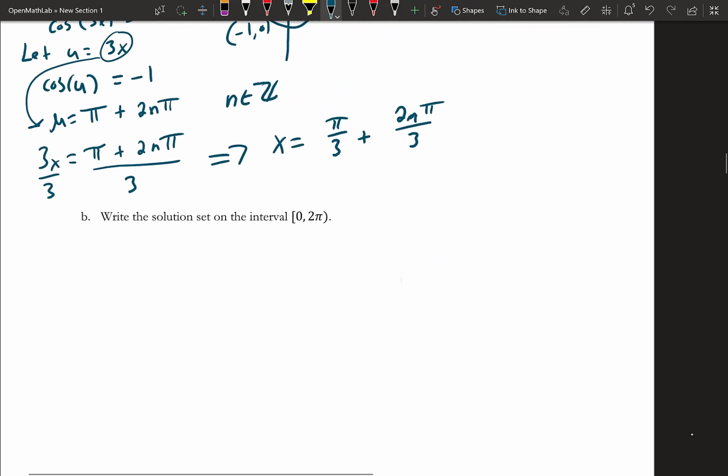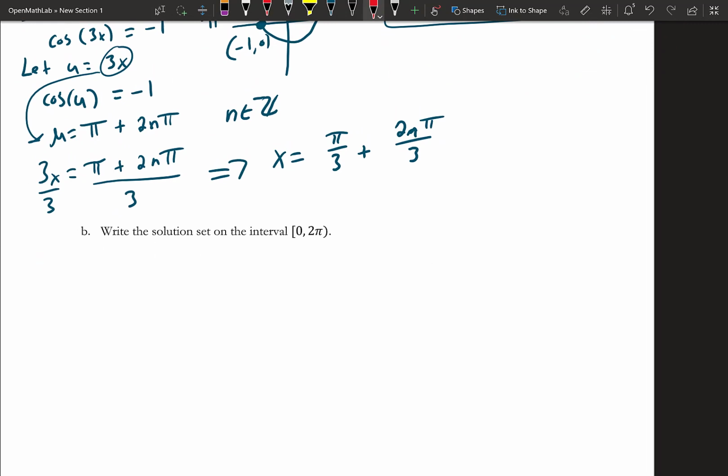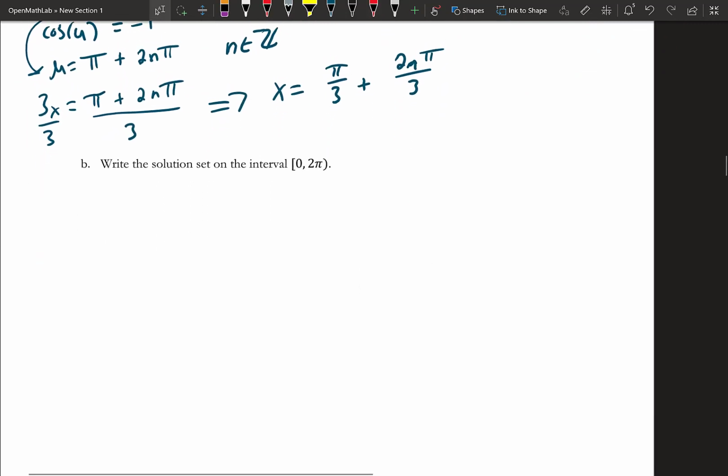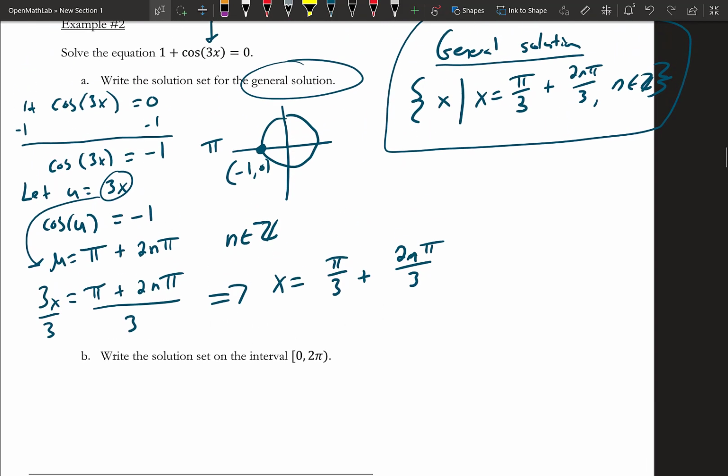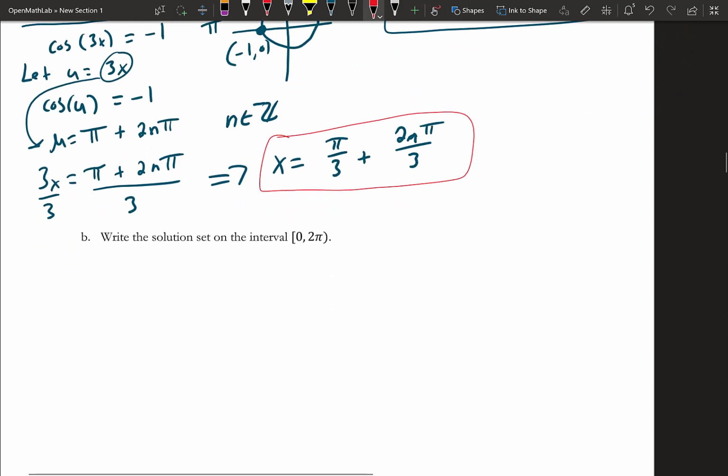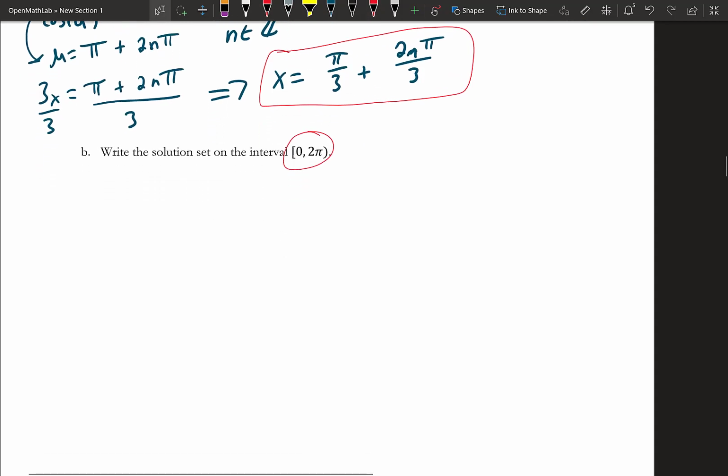Then the next part, what we're asked to do is write the solution set on the interval 0 to 2 pi. Basically, since we have this general solution, we plug in different values of n, and I only want to look for the angles that are inside of this interval. The way I like to approach it, and the way the textbook approaches it, is by doing a table.